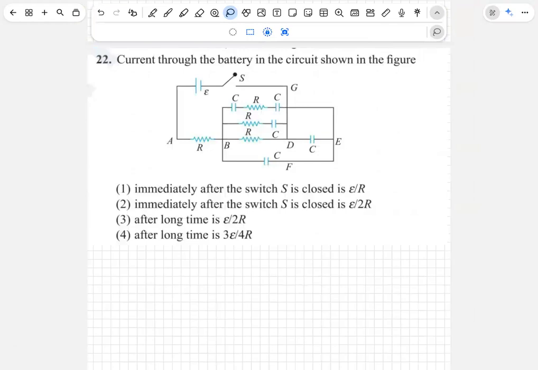Yes. Work on this. This is the last question which I am discussing today. Current through the battery in the circuit shown in the figure.